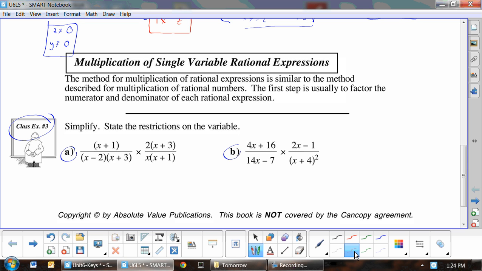So, should I choose? Aaron, what is one of the common factors that we can cancel out in example A? You got it. Okay. And Paul, that's another one.